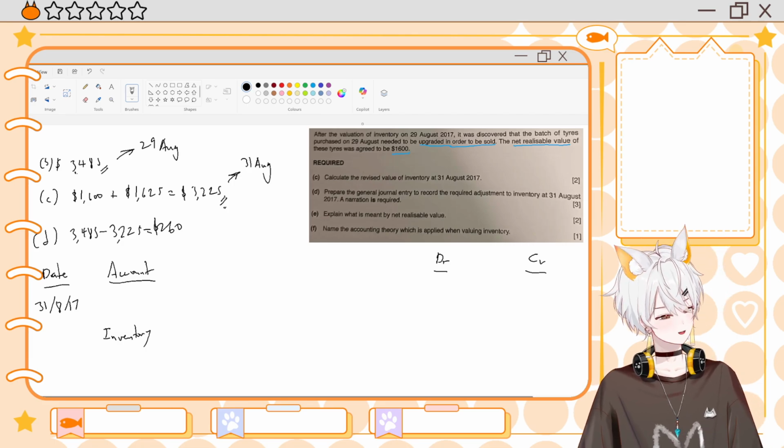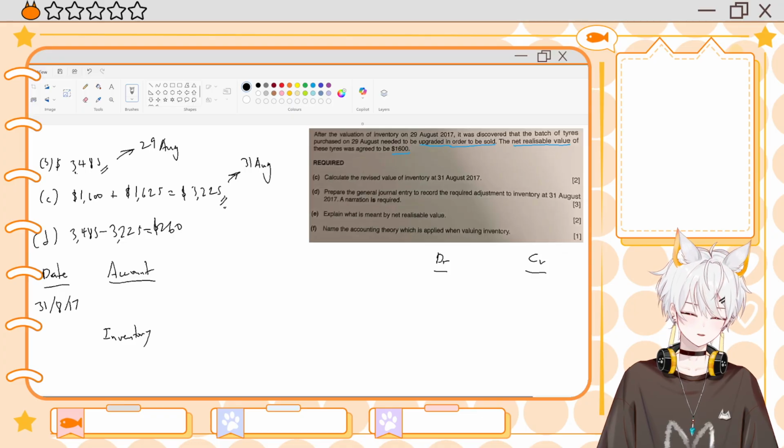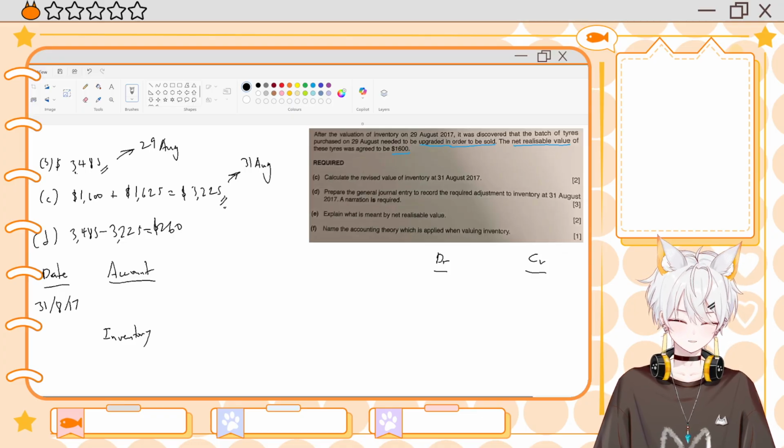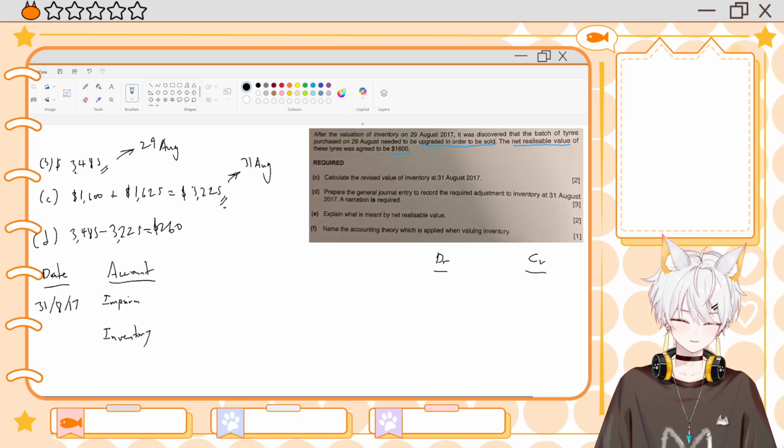And then, I'm not exactly sure what the model answer wants from you, but what I'll just write for mine is impairment loss. And this is an expense.